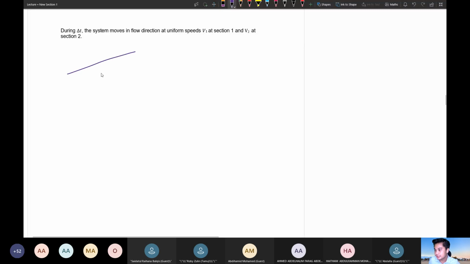This is the diffuser, yeah. Alright, let's draw for the system at time 1. So initially it is at this position. Initially it is at this position.